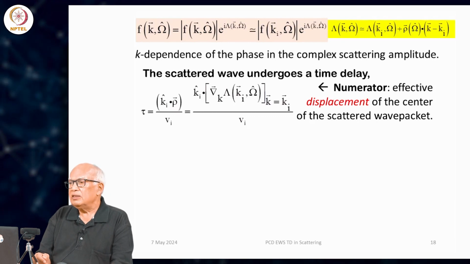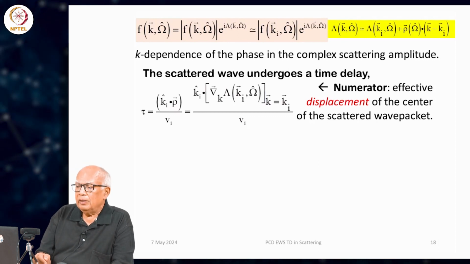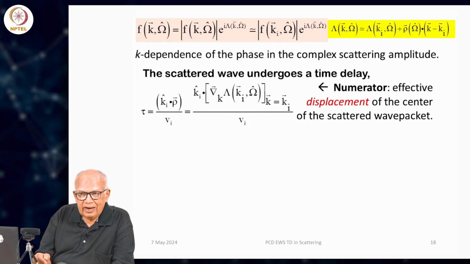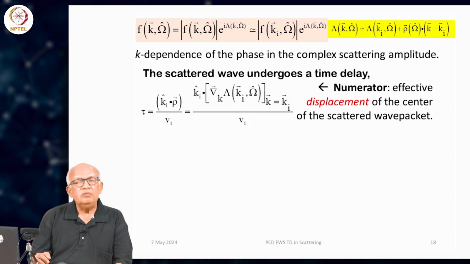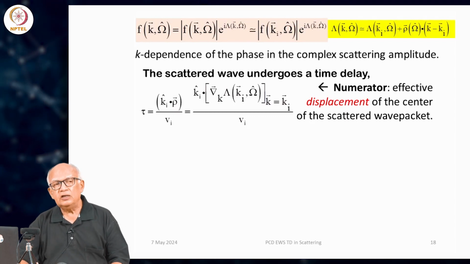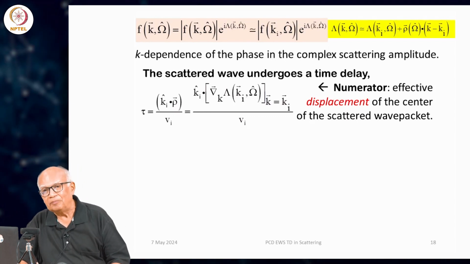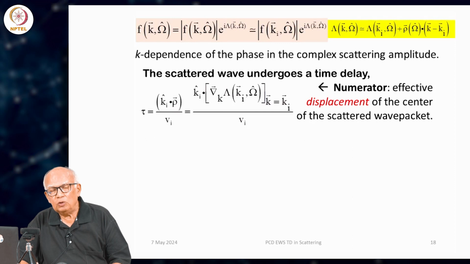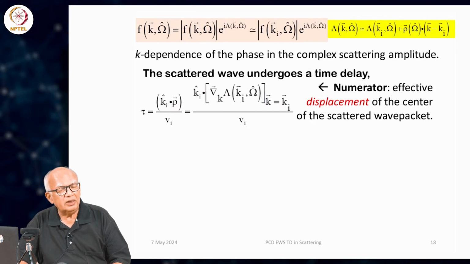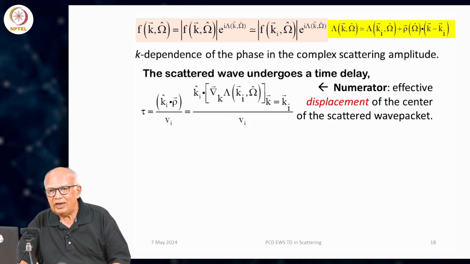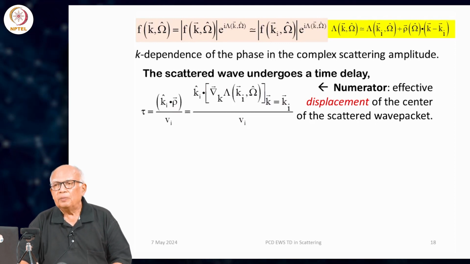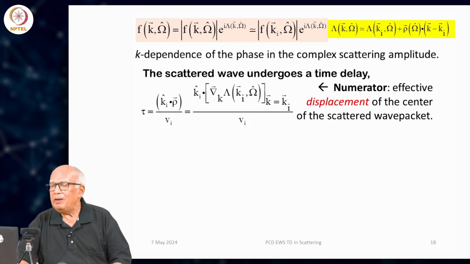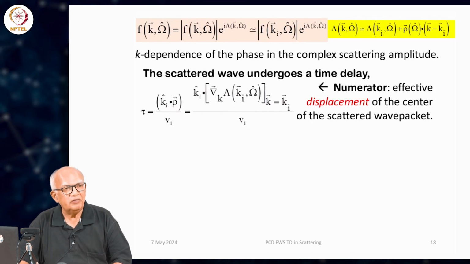This is called as the scattering time delay, or the Wigner time delay, or the Eisenbud time delay, because Eisenbud was Wigner's student who studied this first. I think Eisenbud's work was in the late 40s, 1948 or something was his PhD thesis. Then Wigner wrote another very extensive paper on this in the 50s, in the mid 50s.